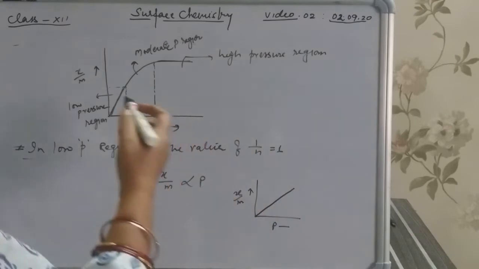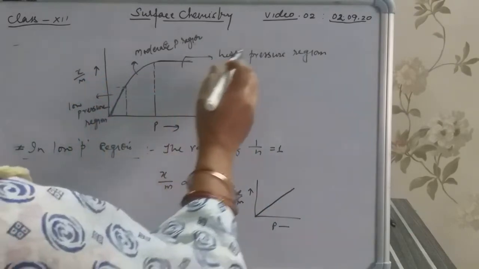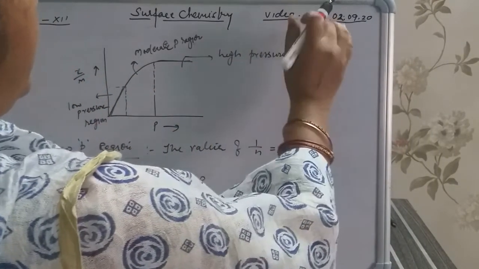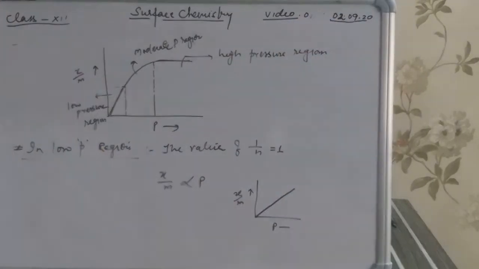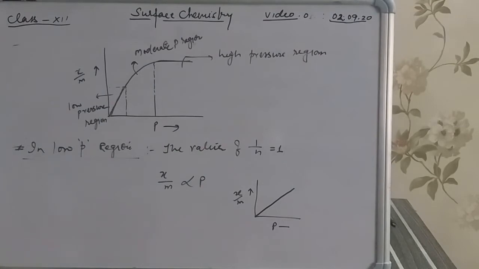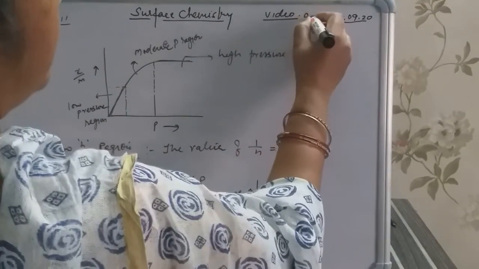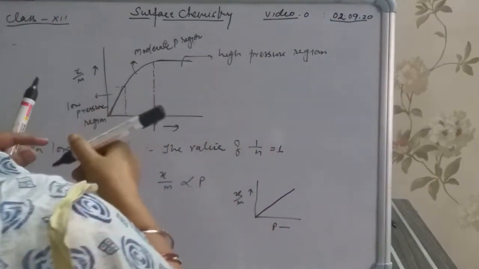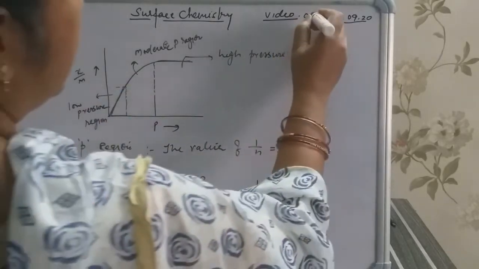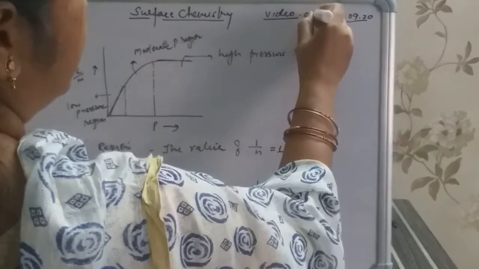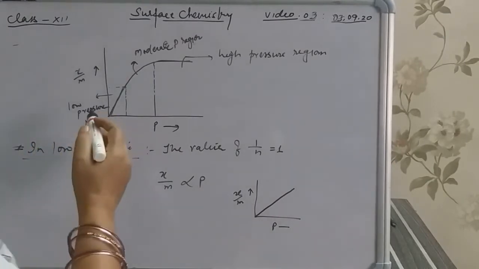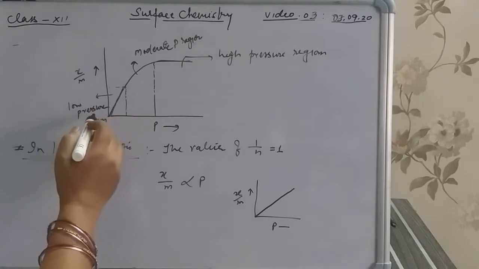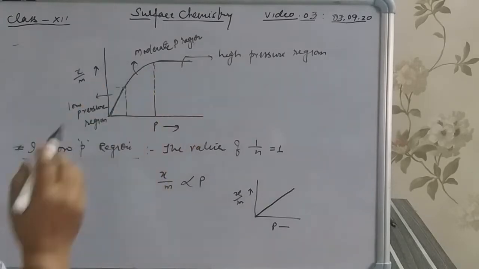As we discussed, when the pressure increases, the amount of adsorbent also increases. So he divided it into three parts: low pressure, moderate pressure region and high pressure region.